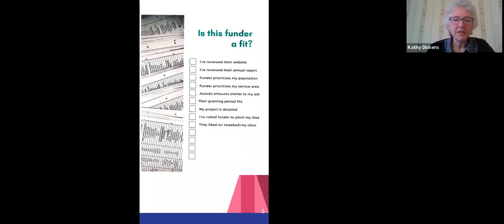I think this next slide, is this funder a fit, is really important. I'll address this from the vantage point of an executive director of a community foundation. Community foundations are typically regional. We have this service area, this geofence, and that's the area we serve.